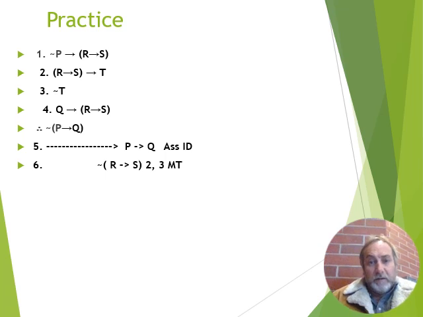Well, we could do 2 and 3 modus tollens, right? And maybe you already tried that if you were trying to prove it with a direct derivation. So you might already have that on the board, and that's fine. You can still use that. So we get the negation of if R then S, with 2, 3 modus tollens.